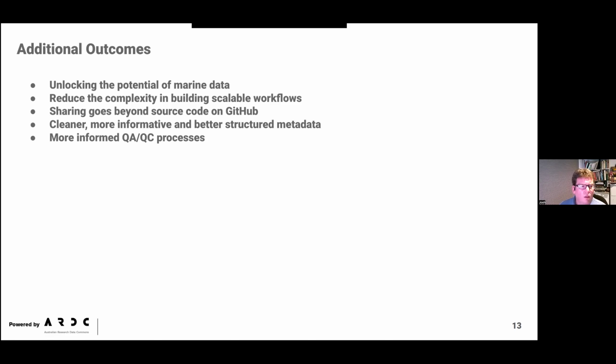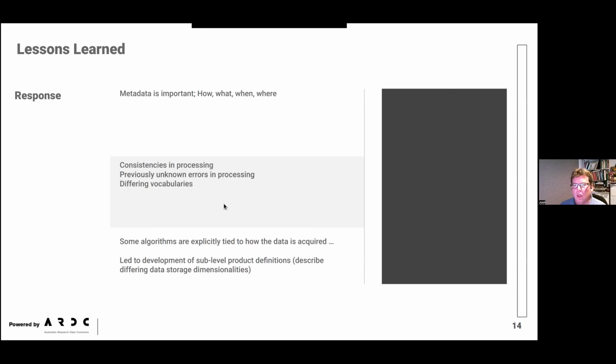I think there's another big piece here in the data itself. So I've mentioned metadata, and consistencies in how we process the data. We're feeding back to the community the demonstrable purposes and reasoning why you should process it in a consistent fashion.